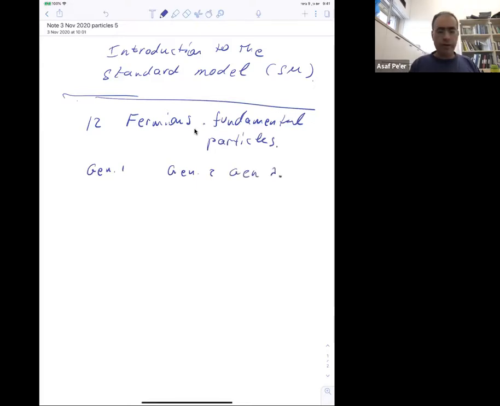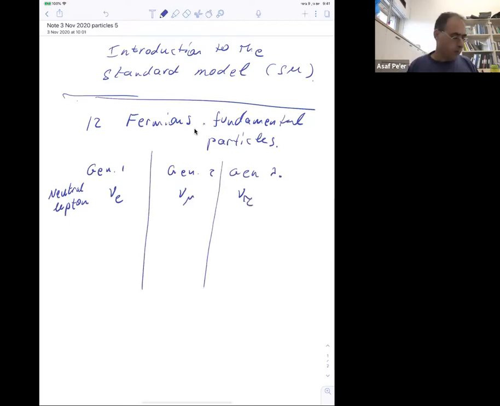Each generation contains a neutral lepton. Lepton means particles that do not carry the strong force. So the first generation would be the electron neutrino, the second generation the muon neutrino, and the third the tau neutrino. And then there is a charged lepton: the electron, the muon, and the tau.